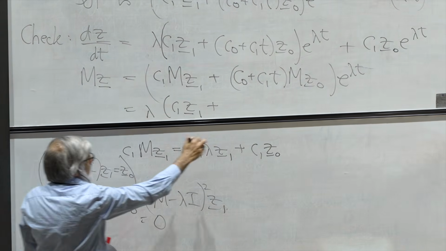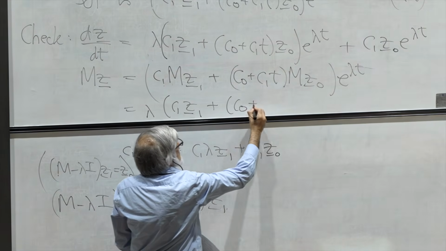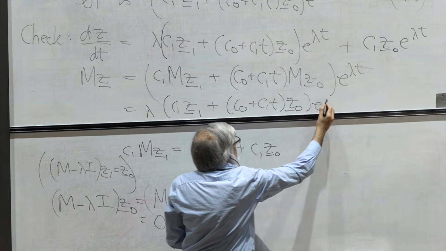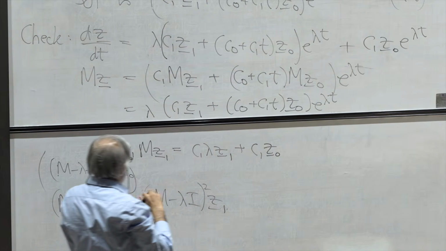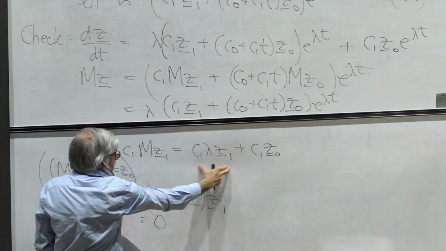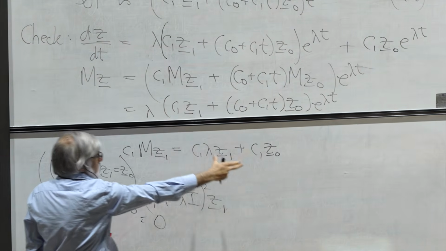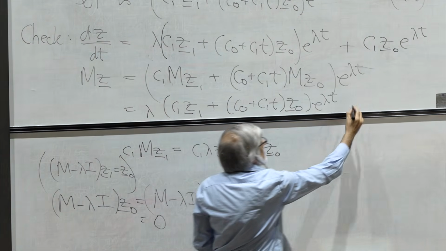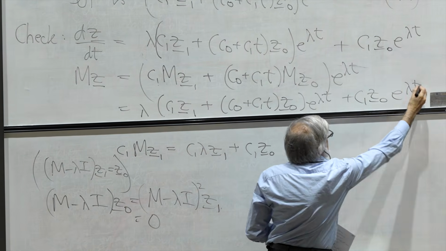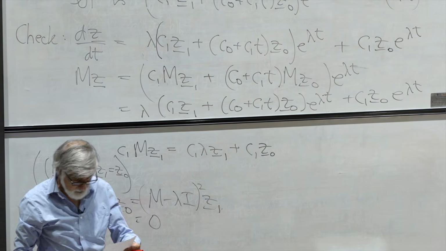I've taken the lambda out already. And then I've one bit left. This one here, I've put that in there, and I've still got this one. And so they're both the same. Okay?